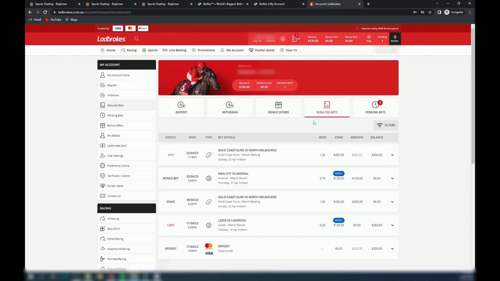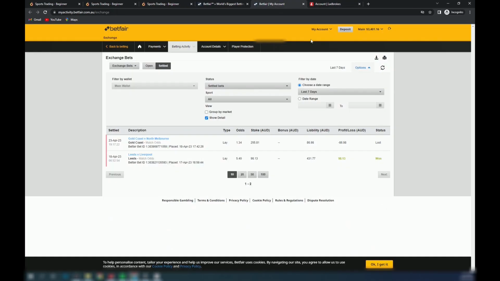And if we subtract the two here, we have the bookmaker bet where we won $80, which was 330, the winnings, minus the 250 because that was just us getting the stake back. So we won $80 in our bookmaker bet and we lost $86.98 on our lay bet.